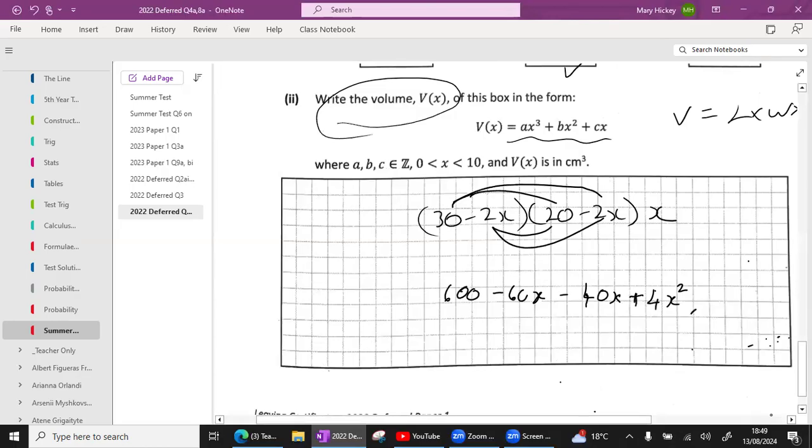Now we still have to multiply the x into everything. So the whole way along we multiply.